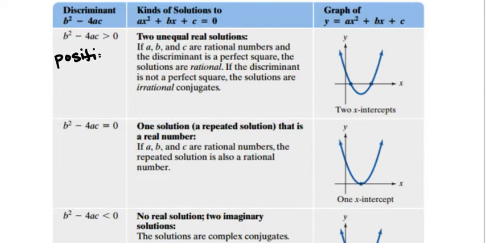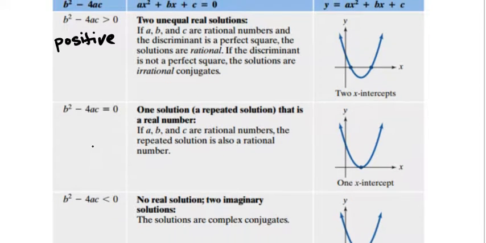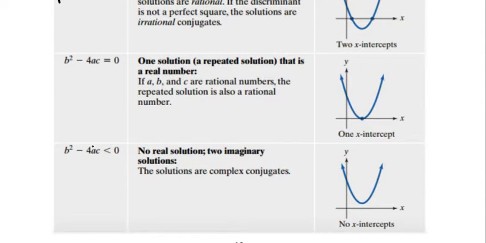If the discriminant is equal to 0, then that tells us that there is one solution and that the graph has one x-intercept. And if the discriminant is negative, or less than 0, then that tells us that there is no real solution, but two imaginary solutions.